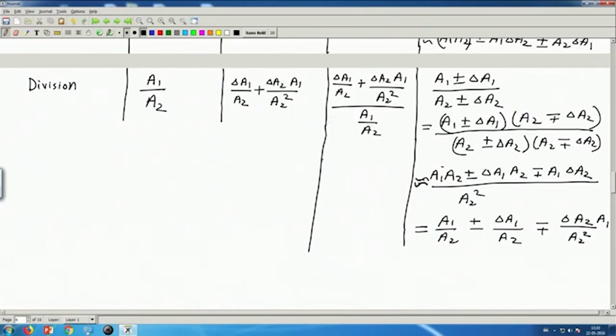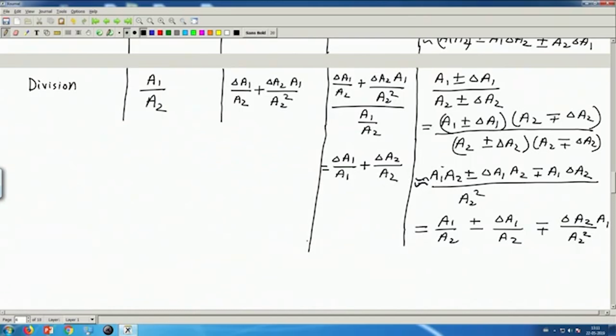The first term will be delta A1 divided by A1, A2 will cancel, and in the next term, A1 will cancel, and one A2 and this A2 will cancel, so we will be left with only one A2.